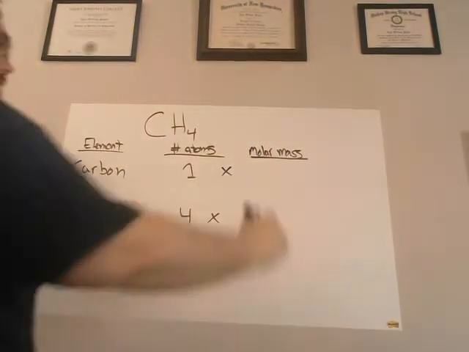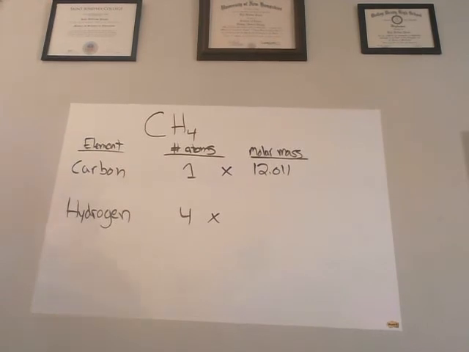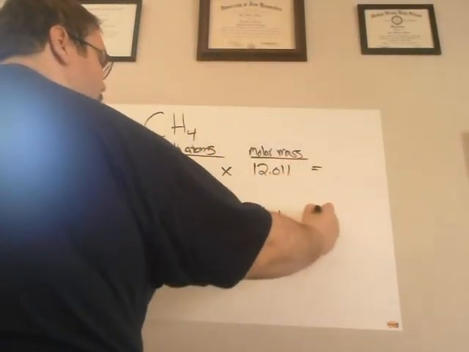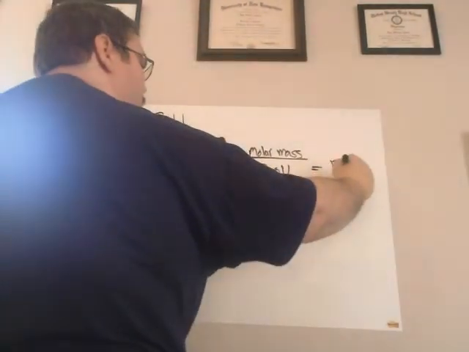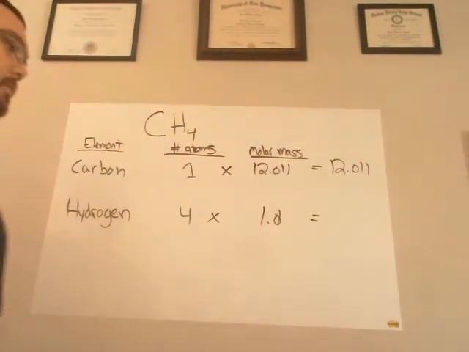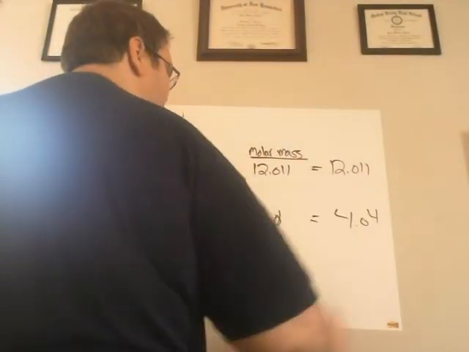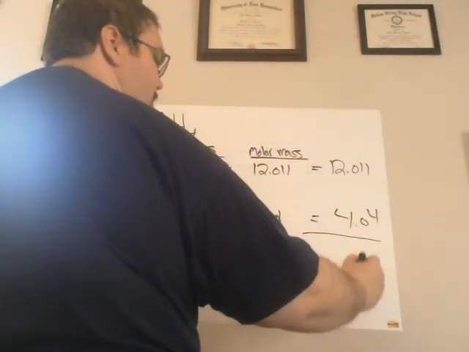For carbon we know it's 12.011. For hydrogen, it's 1.01. So 1 times 12.011, 12.011. 4 times 1.01, 4.04. The last step, we add them together.